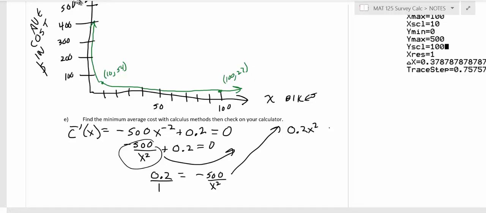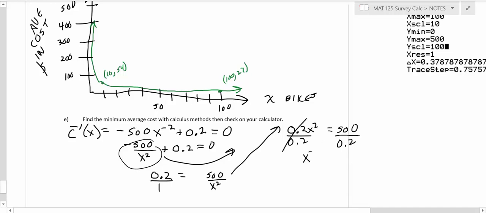Yeah, okay, that's positive. I move it to that side, so that becomes positive. I was seeing I was going to get an imaginary number, and I knew that wasn't right. So I have 0.2x squared equals 500. Divide both sides by 0.2. That gives x squared equals 2,500. On the calculator, if you take 500 divided by 0.2, you get that. Square root both sides, that is 50.